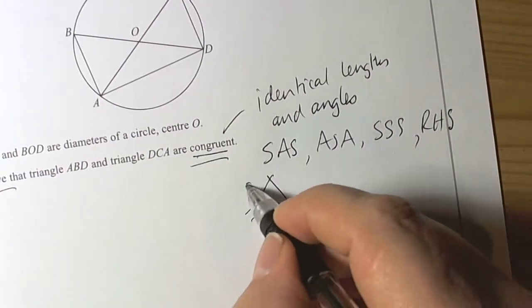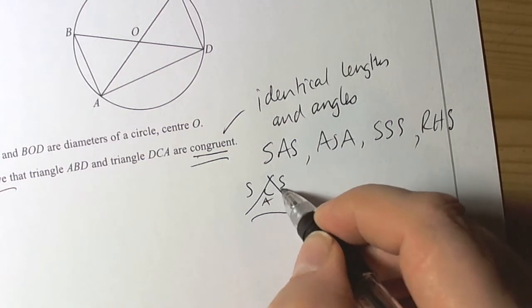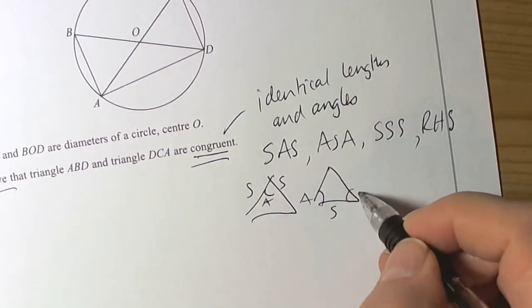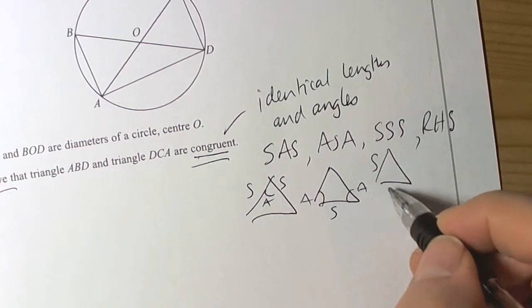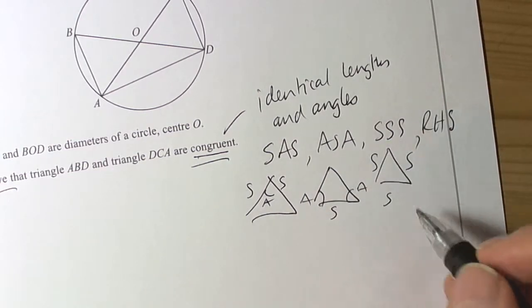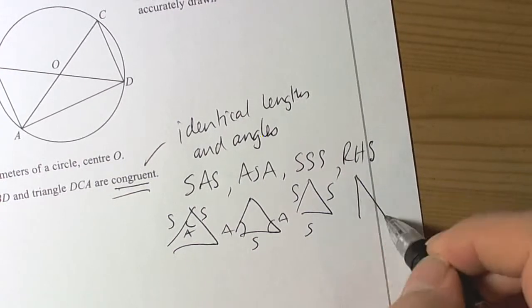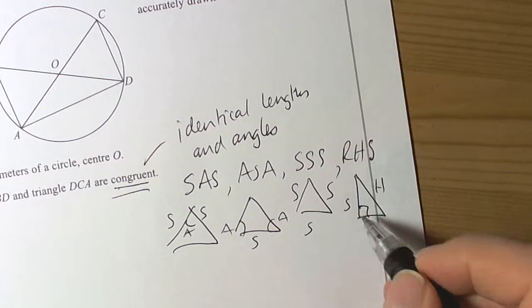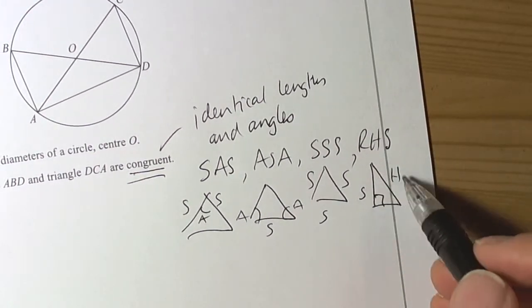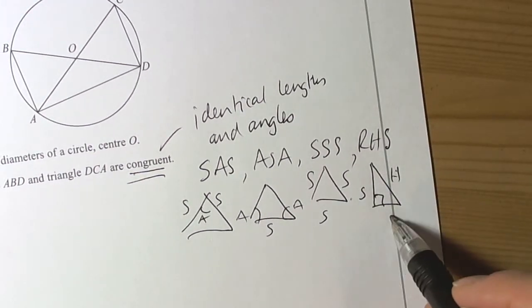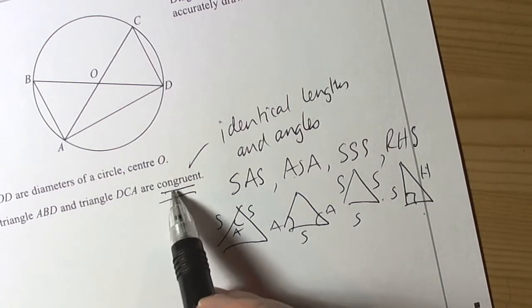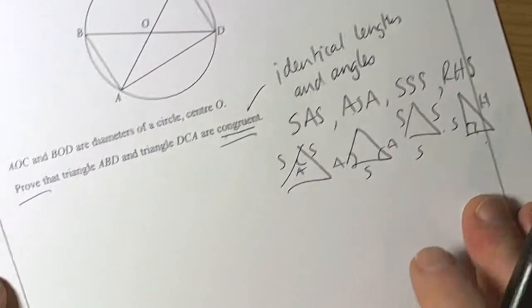So if we can prove that side angle side works, or angle side angle works, or that the triangles have all three same sides, or we've got a right angle triangle where the hypotenuse is known and one of the other side lengths, then that one's proved through Pythagoras, because if we know that and that, then that fixes that to be whatever it is by the Pythagoras rule. So we've got to prove one of these conditions to show whether the two triangles are congruent.